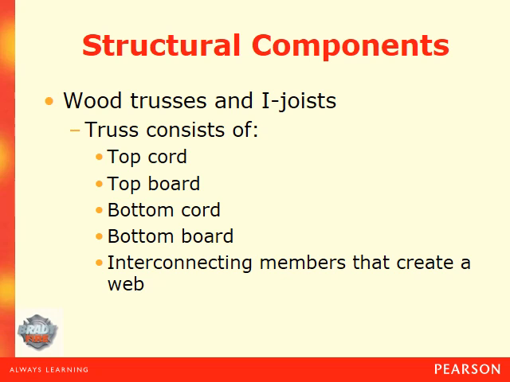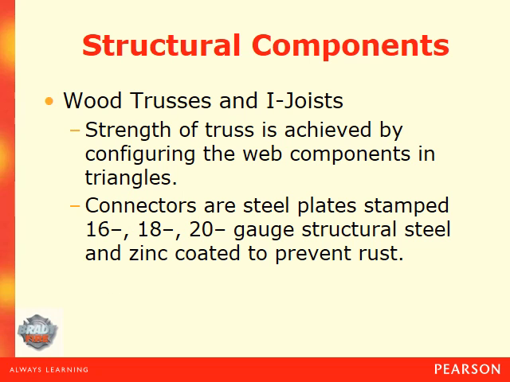You have what's known as a top cord, a top board, a bottom cord, and a bottom board, and some interconnecting membranes that create a web. The strength of the truss is achieved by configuring the web components in a triangle. The connectors are steel plates stamped with 16, 18, or 20 gauge structural steel and zinc coated to prevent rust.